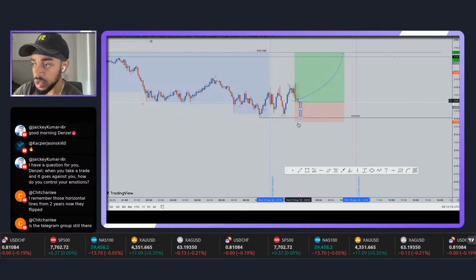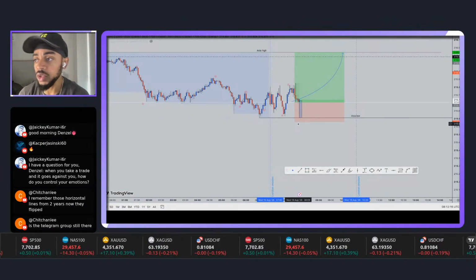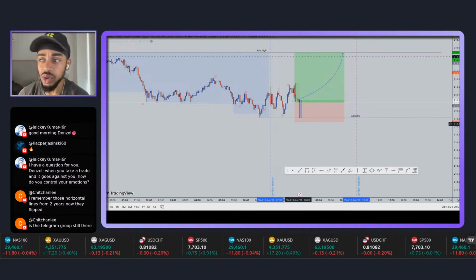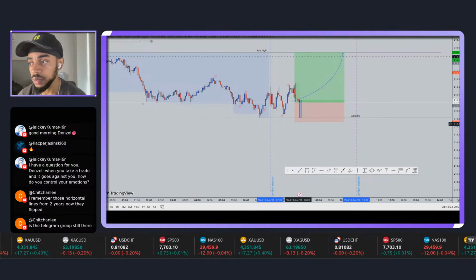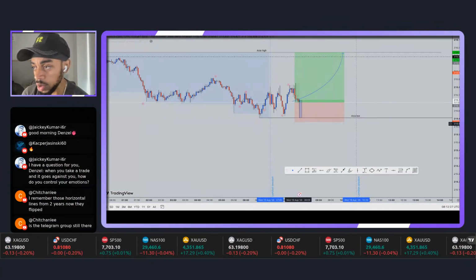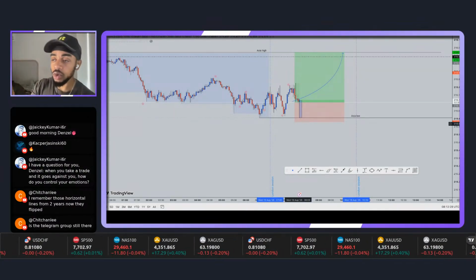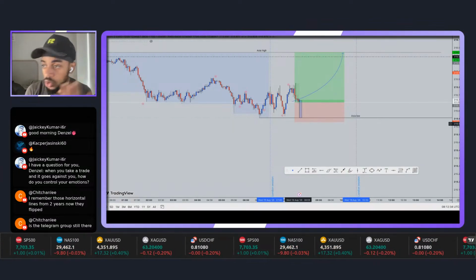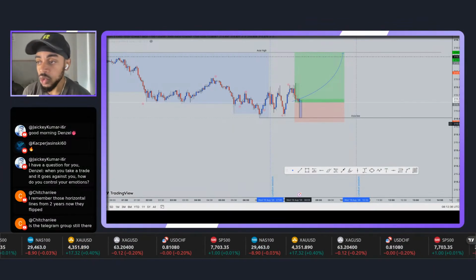If price decides to sell, I have my stop loss for a reason. Why am I getting emotional? I shouldn't. I know what I'm doing. I know that the second I enter this trade, this is the only outcome.